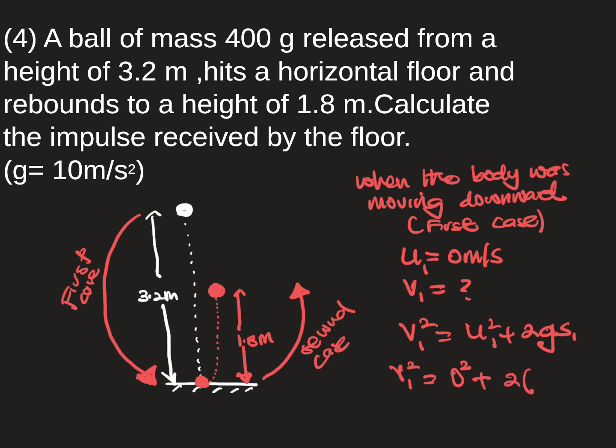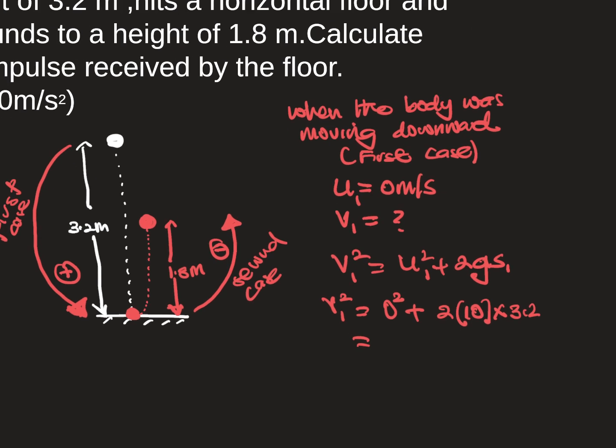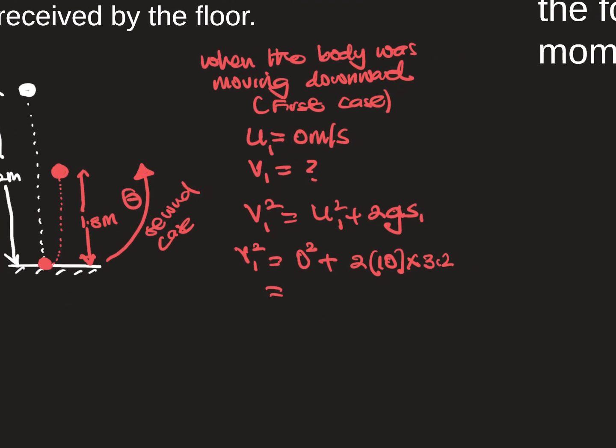Gravity will be positive if a body is falling from a height, but if it is moving up, it will be negative for gravity. Let's just use positive 10, multiplied by the distance, which is 3.2. 0 squared is 0, and 2 multiplied by 10 multiplied by 3.2 gives 64. So V1 squared is equal to 64.